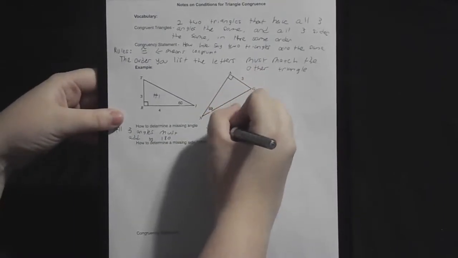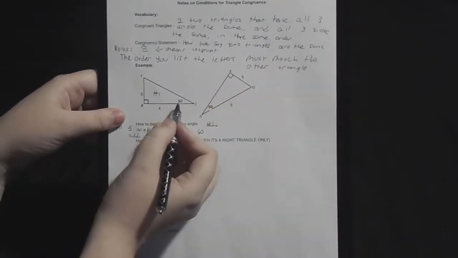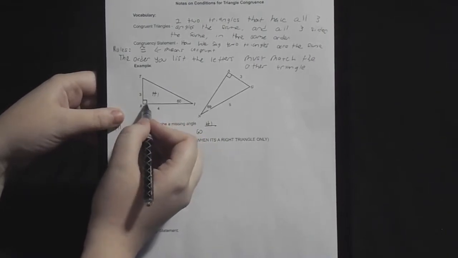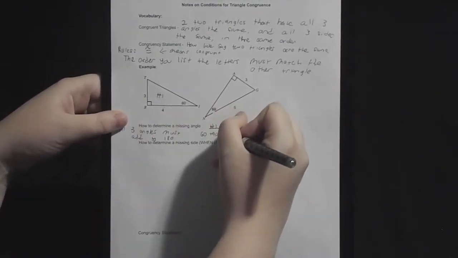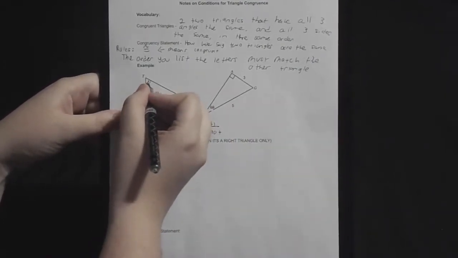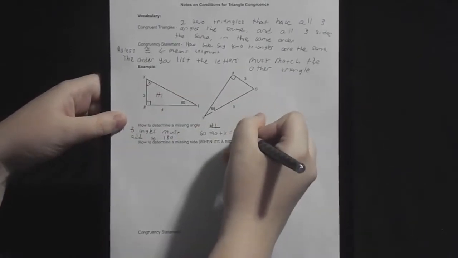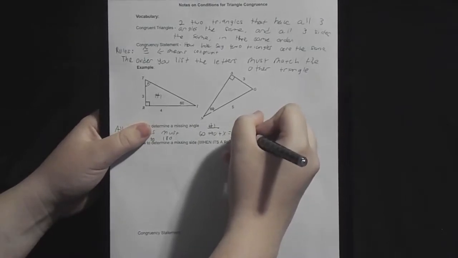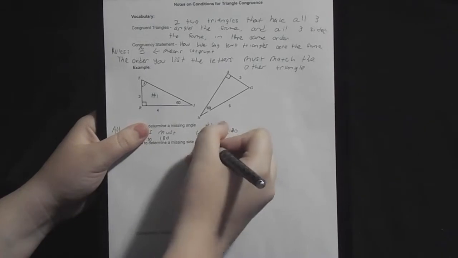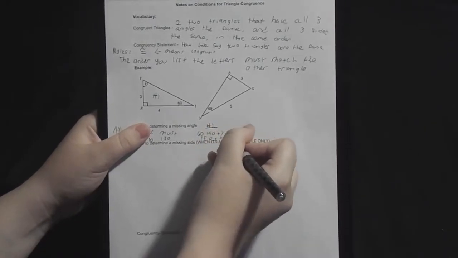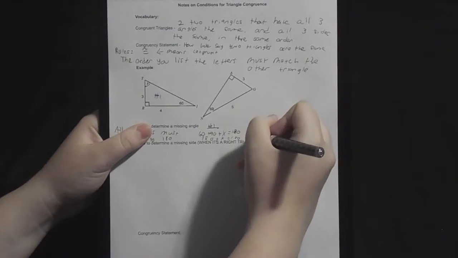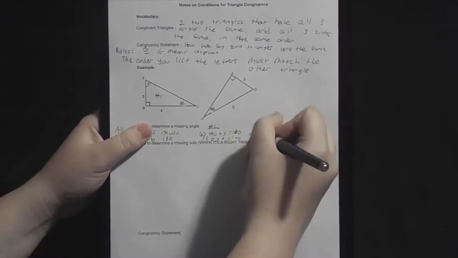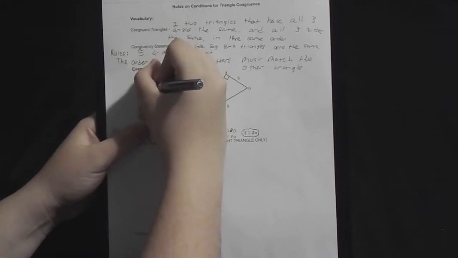For triangle number 1, 60, which is this guy, plus this angle here, which is 90 because of that little box, plus this third guy here, whatever it is, let's call it x, needs to equal 180. So 60 plus 90 is 150, plus something is 180. So the answer is that x is 30, because 150 plus 30 is 180. So this angle here is 30.